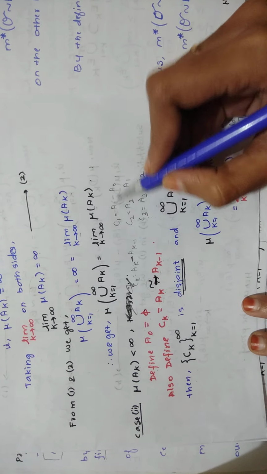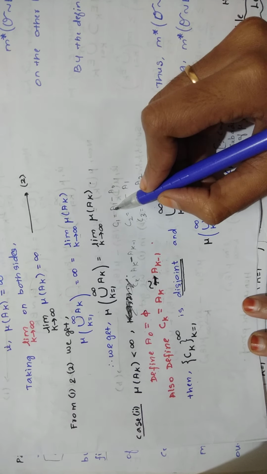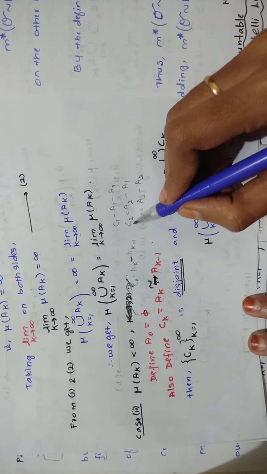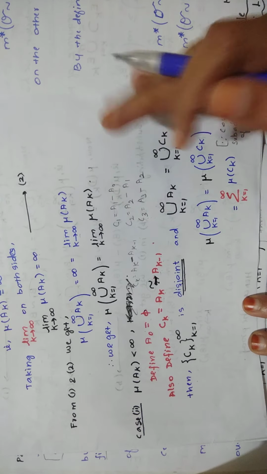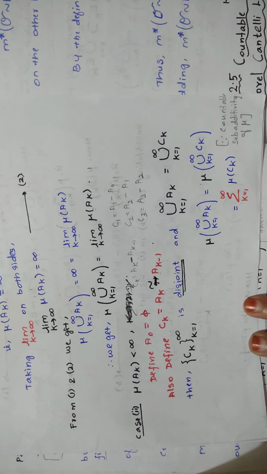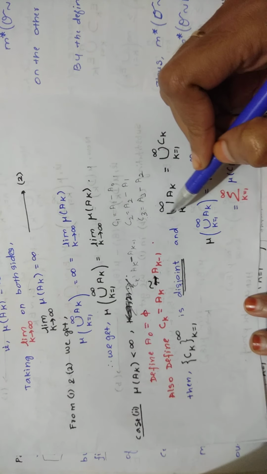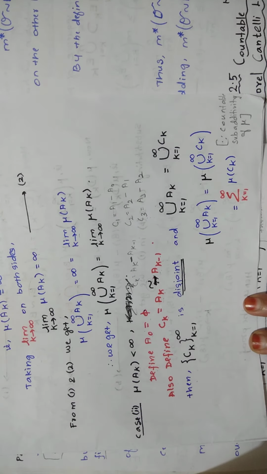Look at this C_1. When you find C_1, you are subtracting A_0 from A_1. When you find C_2, you are subtracting A_1 from A_2. You do this for all C_1, C_2, C_3 till infinity. So you are not going to get any common elements in C_1, C_2, C_3, C_4, C_5, etc. till infinity.